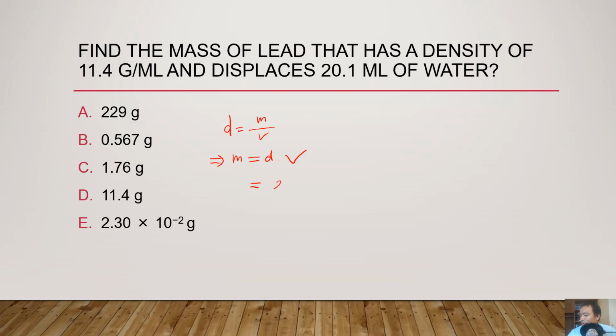So what is D? It says it's 11.4 grams per milliliter. It's at 20.1 milliliter. You cancel this out. Apparently, they'll give you A as the correct answer.